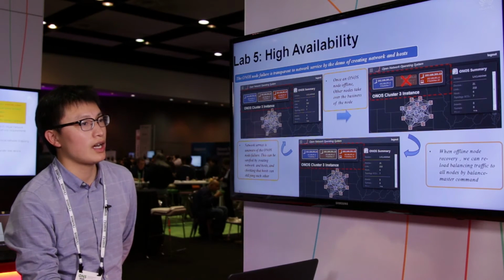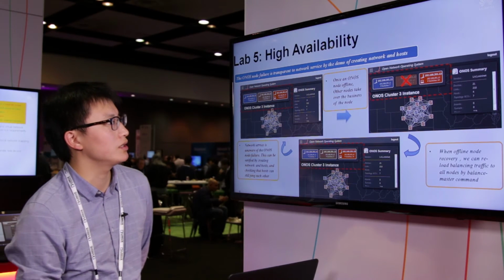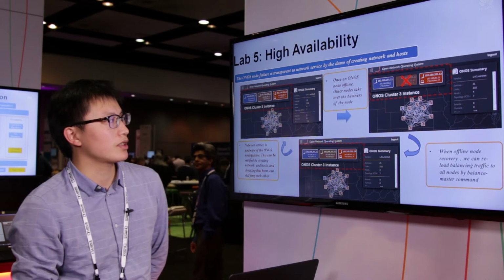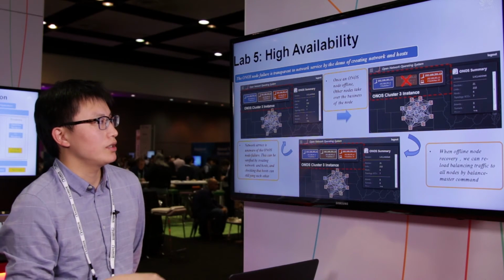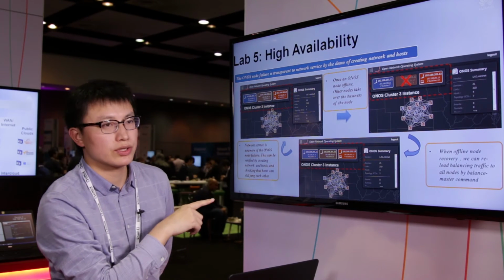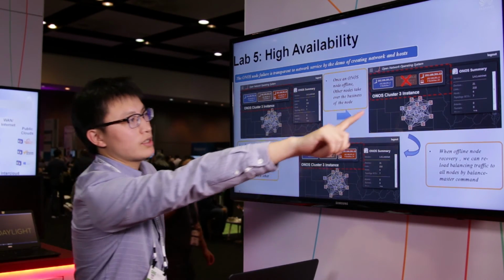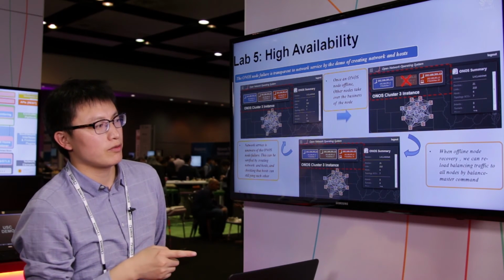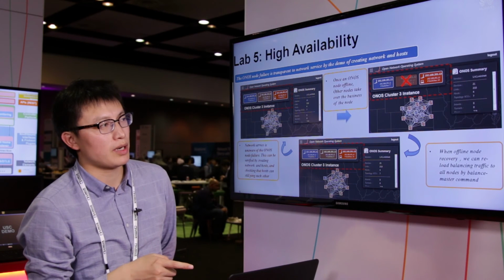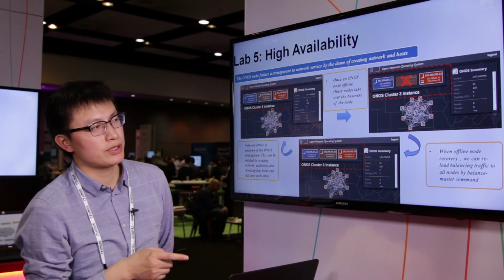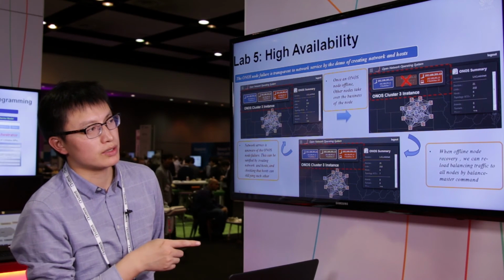And here is the high availability of ONOS. Here is a 3-instance cluster, and each one masters the same number of switches. We shut down the second controller, and the switches originally mastered by the second controller are taken over by the other controllers.